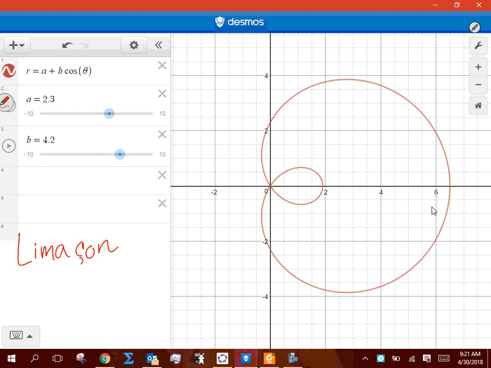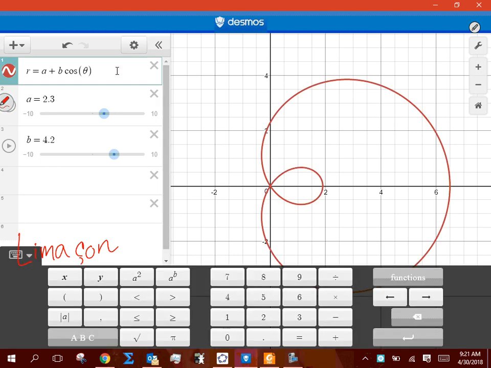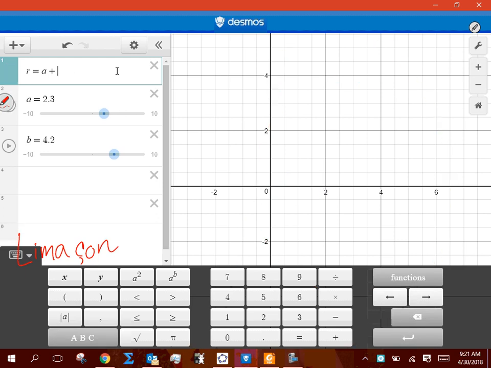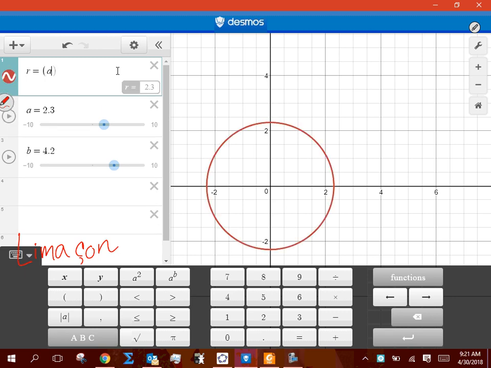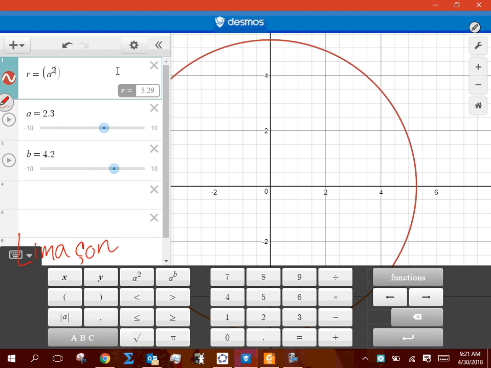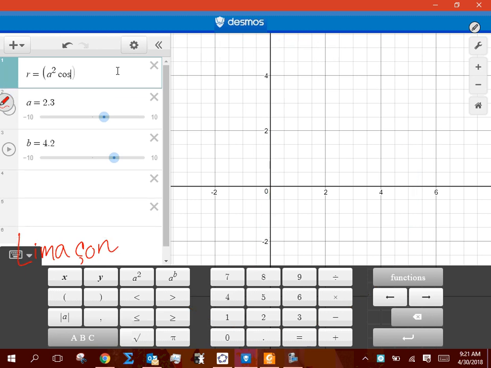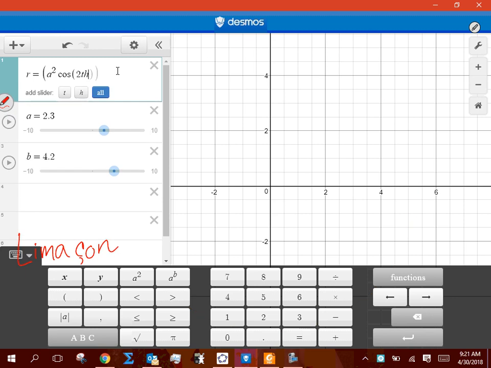There are some others that I'll show you. There's something called a lemniscate, I think is how you pronounce it. Let's go r equals a squared cosine 2 theta.